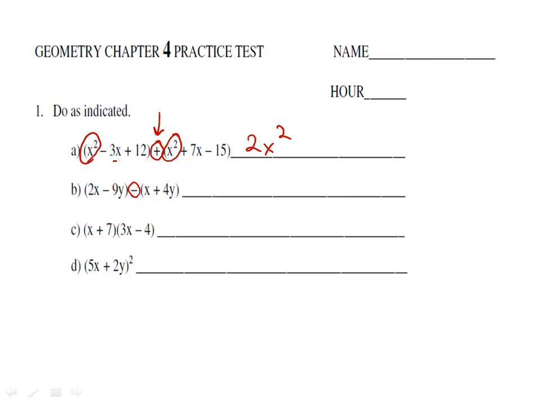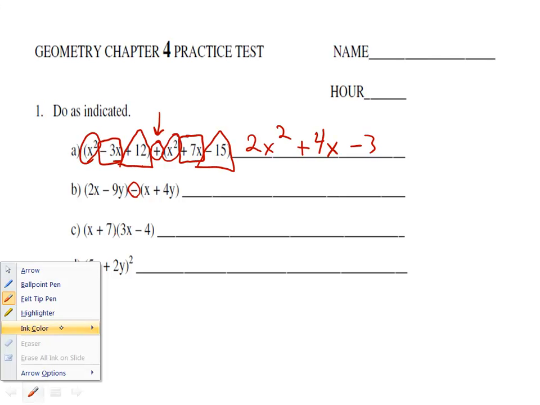Alright, then there's negative 3x, and don't forget to take the sign along with it, plus 7x. So it's negative 3x plus 7x. That makes positive 4x because it's positive. We say plus 4x. And then we have plus 12 minus 15. So if I put those two together, that makes negative 3. So there's our answer: 2x squared plus 4x minus 3.